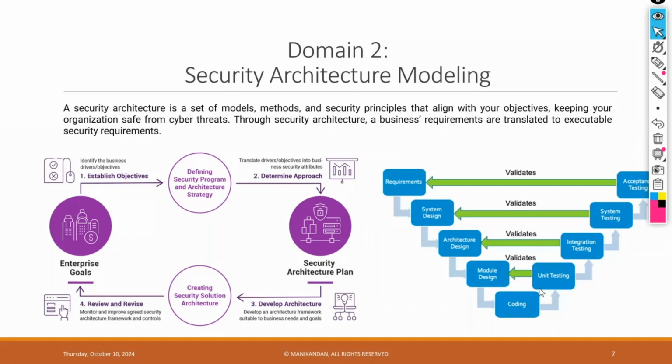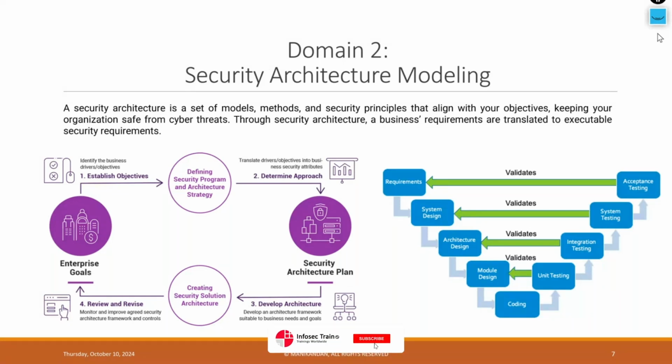So this is more like when we are planning to build software. But when we are talking about security architecture throughout an organization, what you see on the left side makes much more sense. First we identify the business drivers and objectives. Then we determine the approach, like what security attributes we need to have.